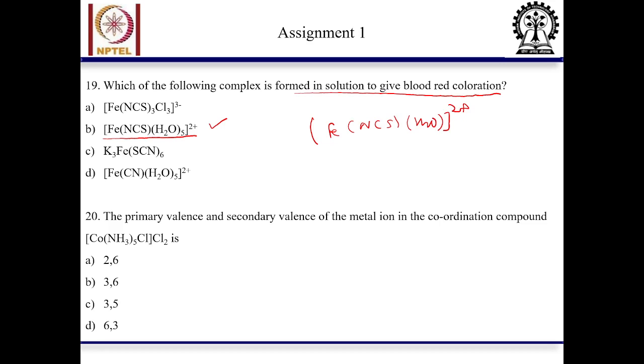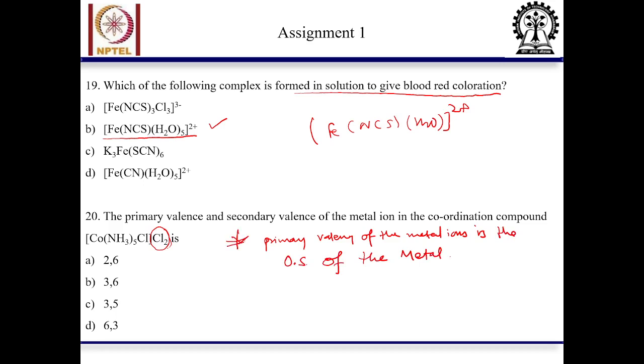Okay. If we consider what Werner has said, then option A is correct. The secondary valency is satisfied by basically an anion or cation, whatever it is. But later people said what the primary valency actually is: the primary valency of the metal ion is the oxidation state of the metal.